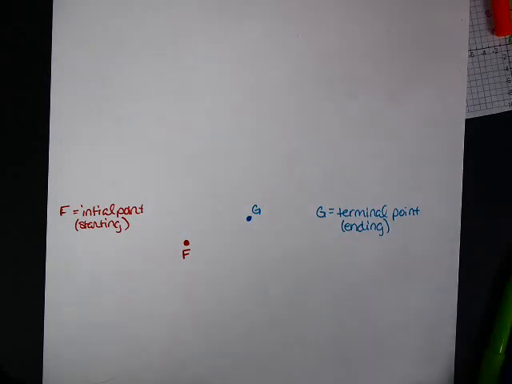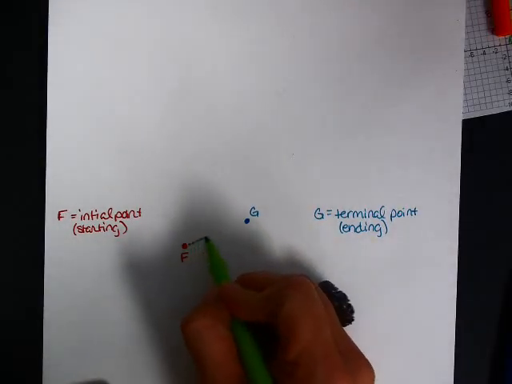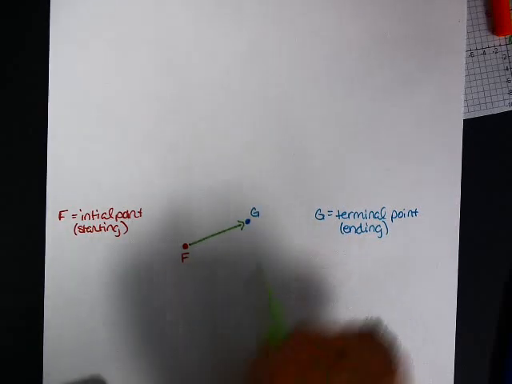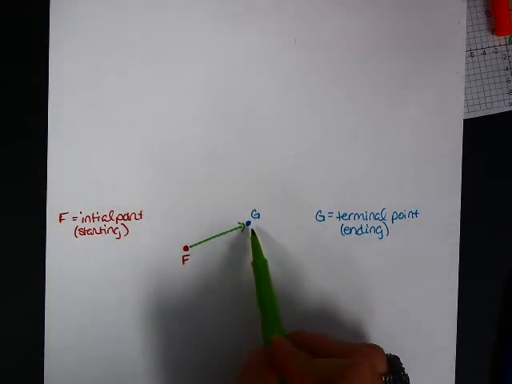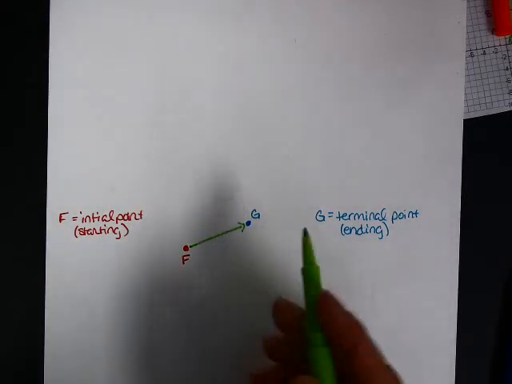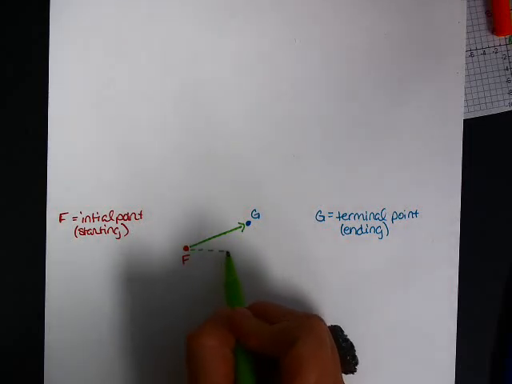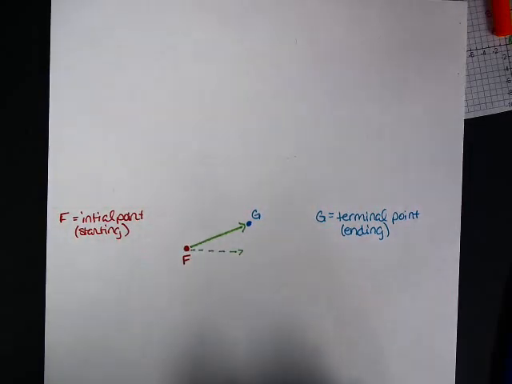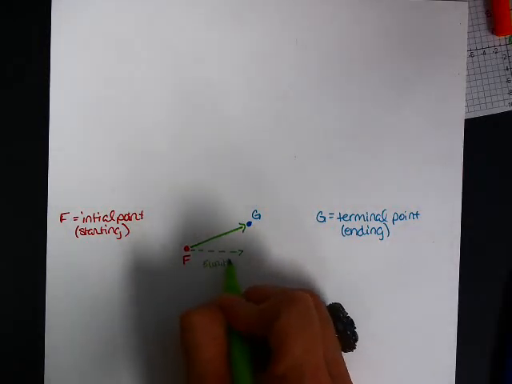Okay, my vector runs from F to G, but how we describe it is by giving it direction. To get from F to G, pretend I have to move 5 units to the right, if this was on a coordinate plane.